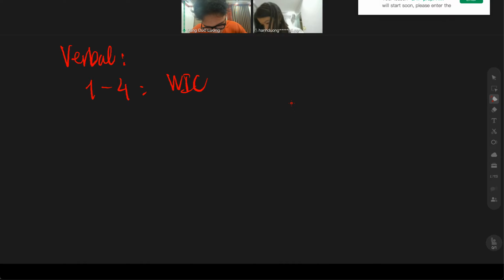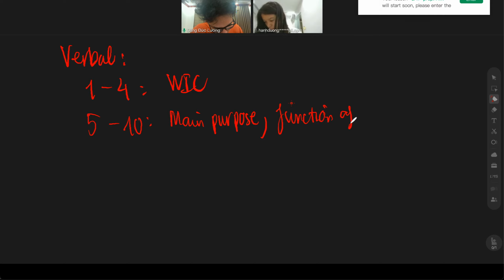Then from 5 to 10, you will encounter details, main purpose, function of sentence. I mean, it's all the craft and structure zone of knowledge, right? The domain zone, craft and structure, and cross-text connection.